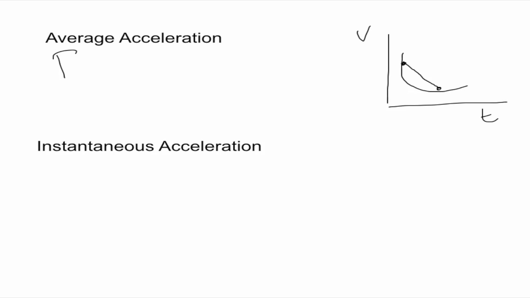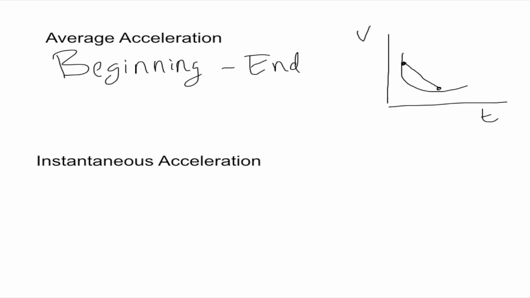So we'll have a beginning as well as an end. Out of this, we can obtain the formula. We said it's the slope, so the average acceleration, I'm going to call it a_x average, is going to be the slope.